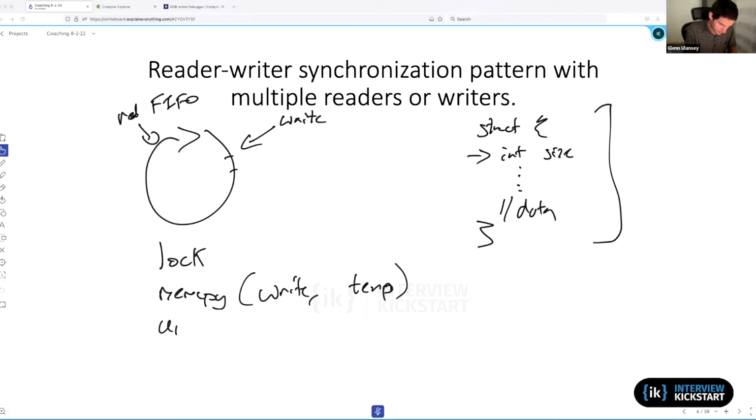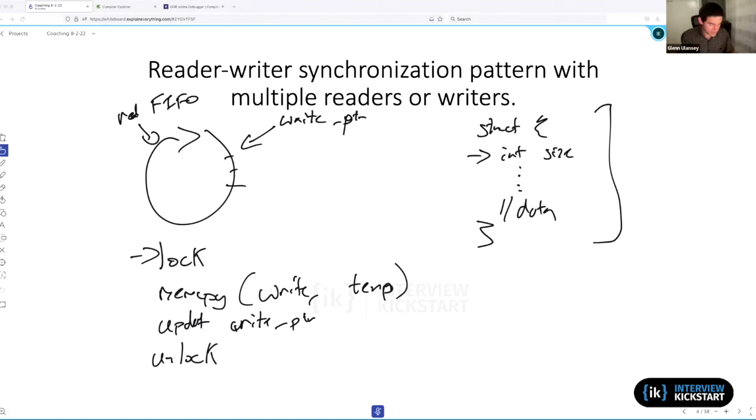Then we need to update the write pointer, and then we need to unlock. If some other writer tried to write at the exact same time, they would get blocked at the lock. Once the previous write had completed, they would be able to lock and then add their entry next.